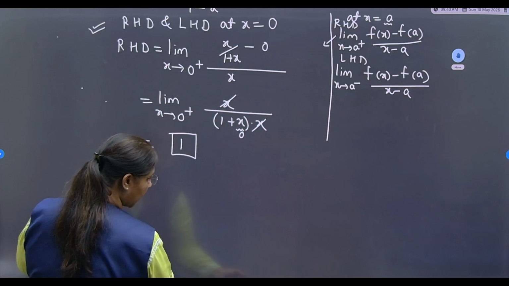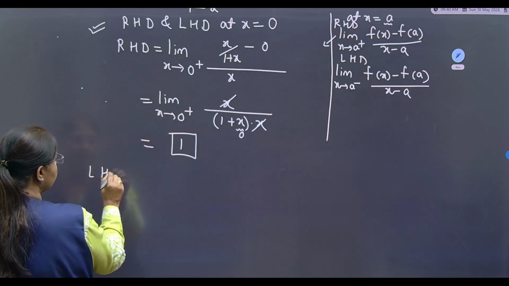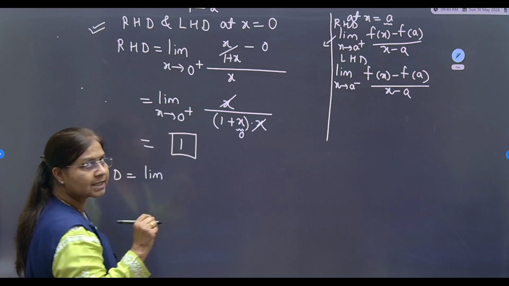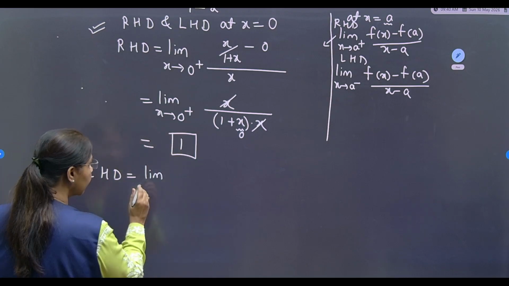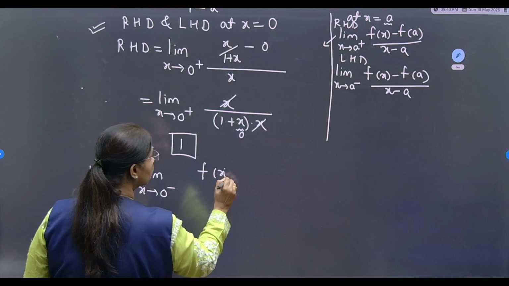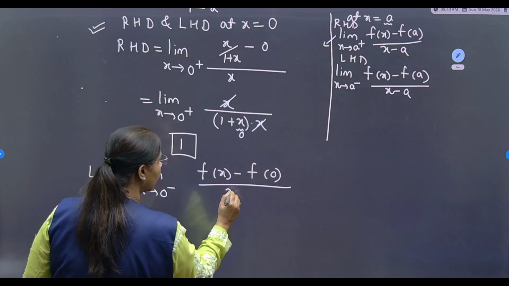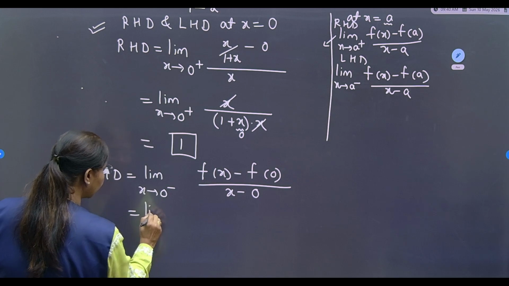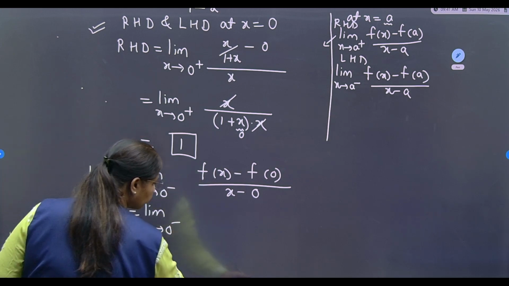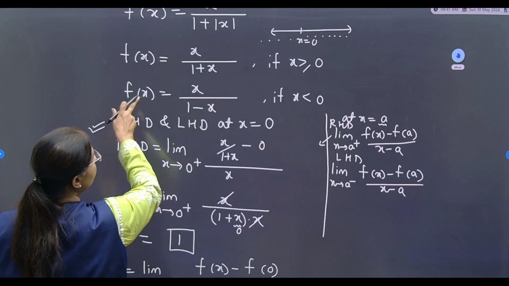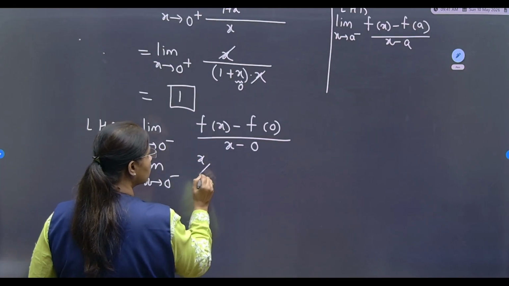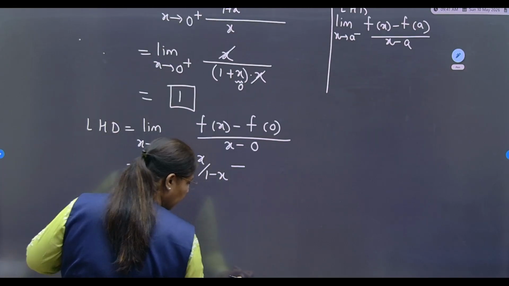Then the next part: LHD, the left hand derivative, at the point x equals 0. Limit x tends to 0 minus, formula f of x minus f of 0 upon x minus 0. Here f of x, when x is less than 0, is x upon 1 minus x, minus f of 0.